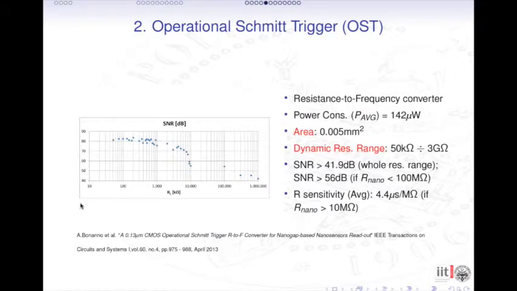And the final performance show that the signal-to-noise ratio is higher than 40 dB in the whole range, and it is higher than 60 dB in the low range for resistance lower than 10 megaohm.